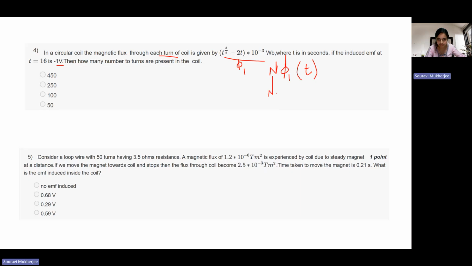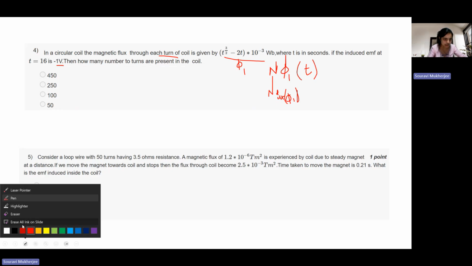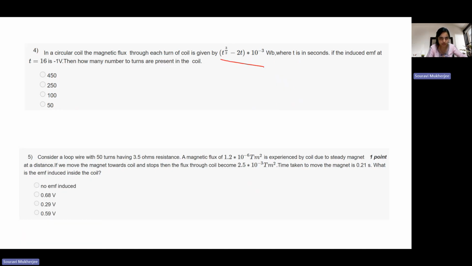So you know the flux for one coil, so the flux for N coils will be N into this value, right? And N into minus d phi dt, so N into the derivative of this equation.